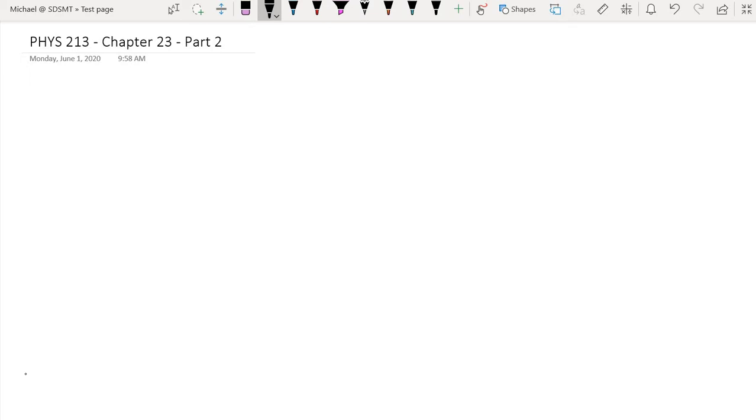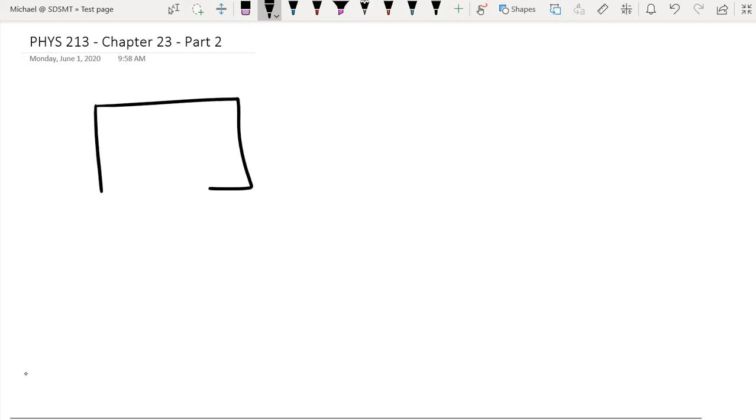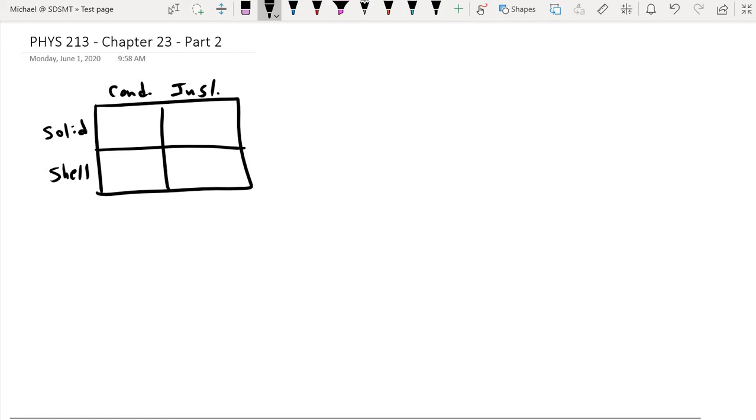But as we move forward, in the previous video we had a number of examples where we looked at conducting and insulating materials that were used to form either solid or hollow spheres.